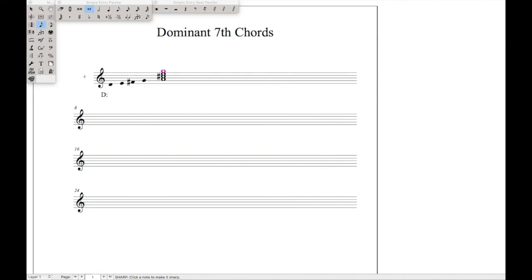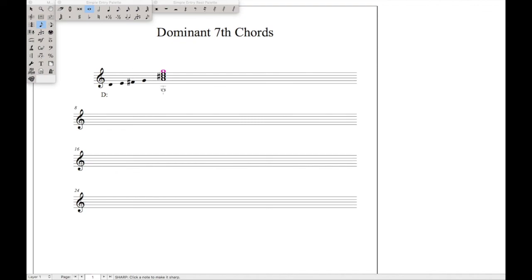So by just using the notes from D major, I was able to make this dominant 7th chord. It's an A dominant 7th chord, which is the kind of dominant 7th chord we get in D major because it's on the 5th note of the scale. D, E, F sharp, G, A.